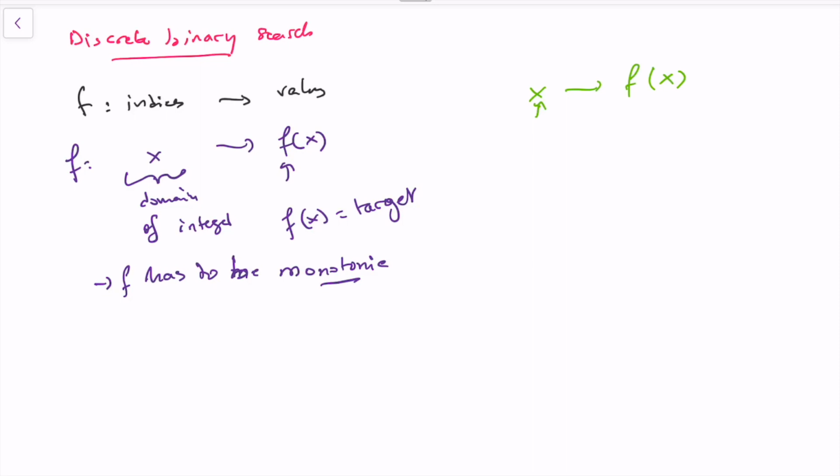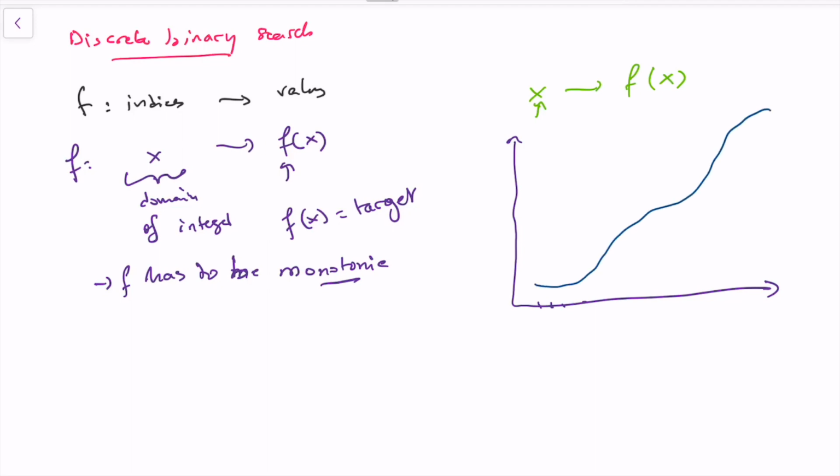What does that mean? Let me first draw a function. These are the x values, and one thing you could have is a monotonically increasing function like this, so it always goes up as x goes up, or the alternative is it always goes down as x goes up. So it's like this.